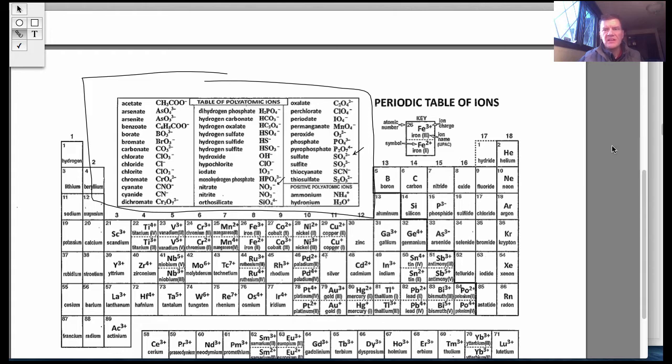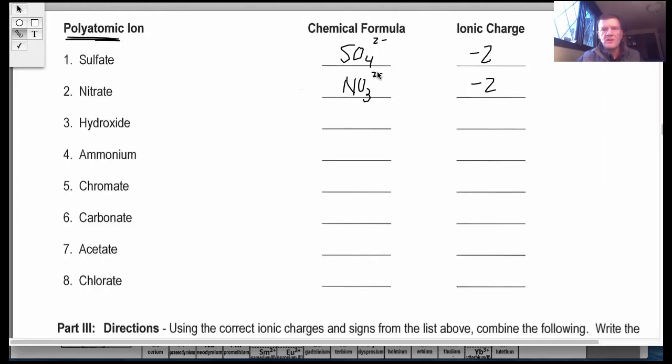Oh, I'm sorry, it has a -1. My fault, I should have known that. -1 charge. Apologize. Okay. Hydroxide, OH, has a -1 charge. Ammonium is actually one of those that is going to be positive. It's NH4 with a positive charge.